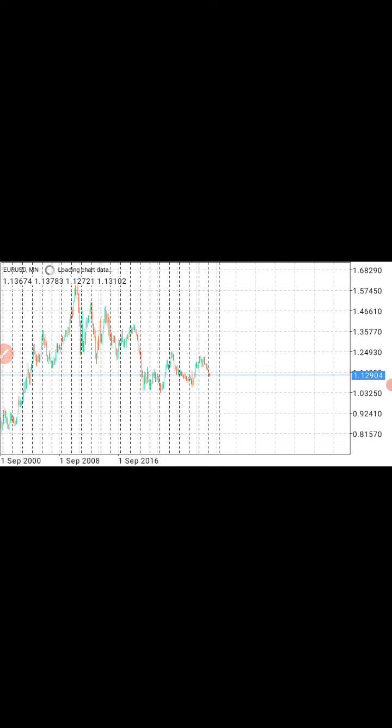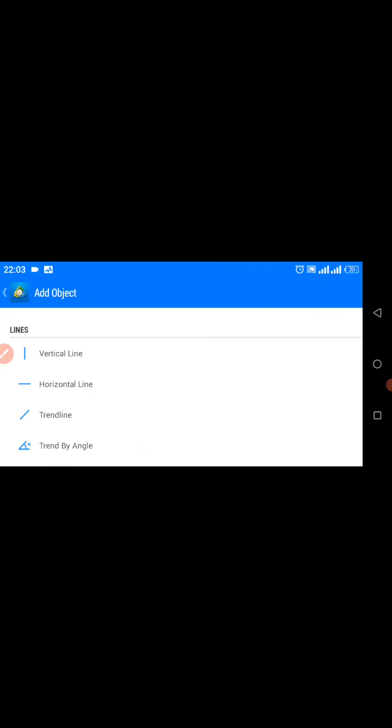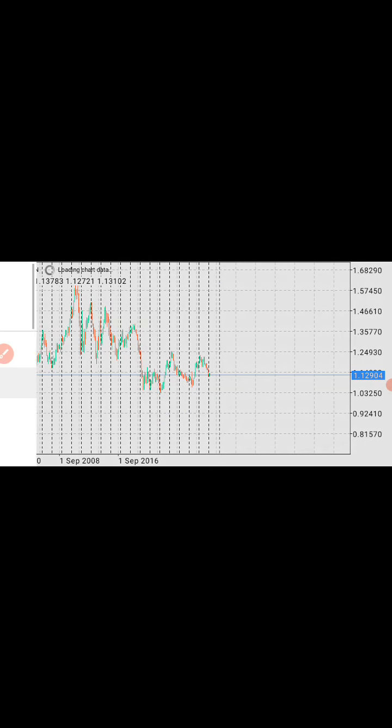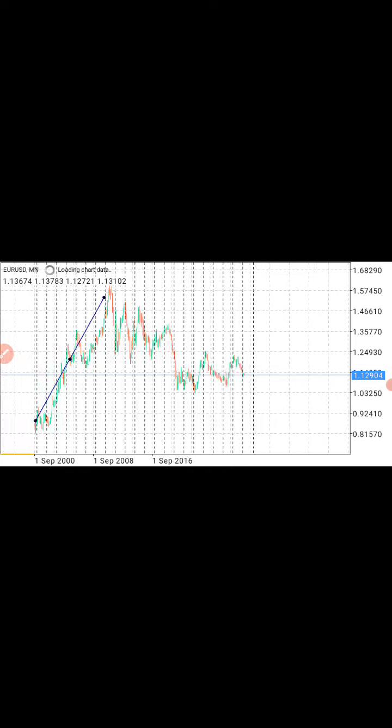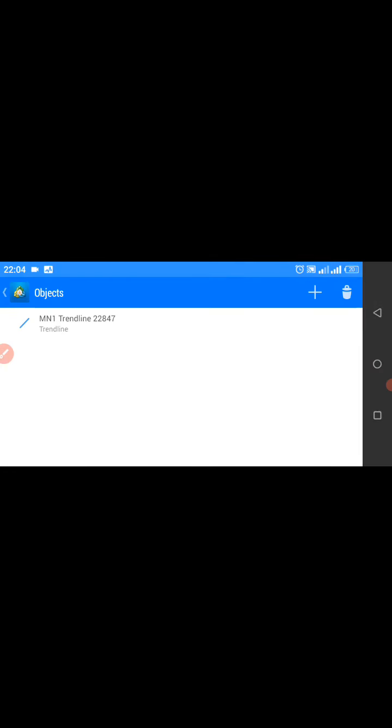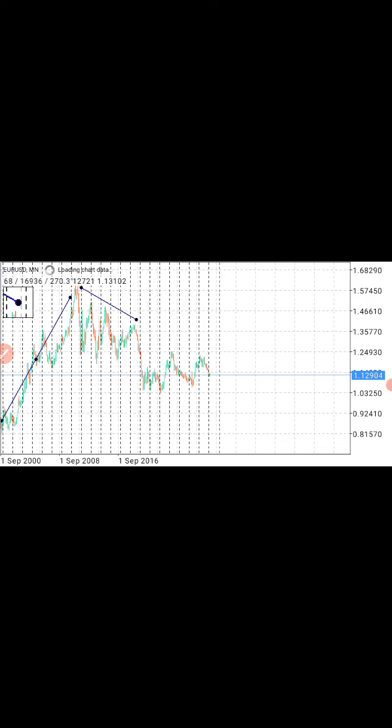The first thing I do in my analysis is to look at the market movement, which is here. I know I have an impulsive move to the upside. I have one corrective movement here.